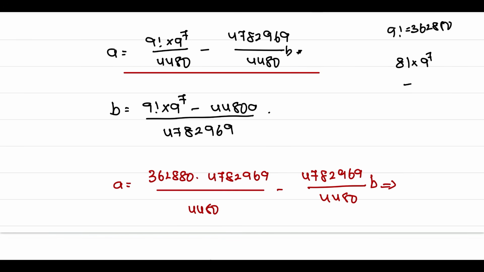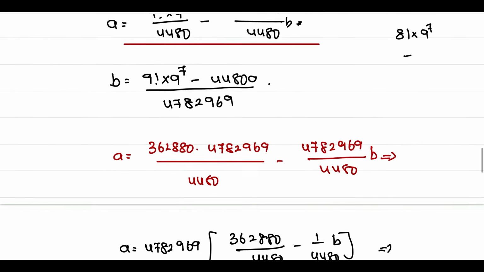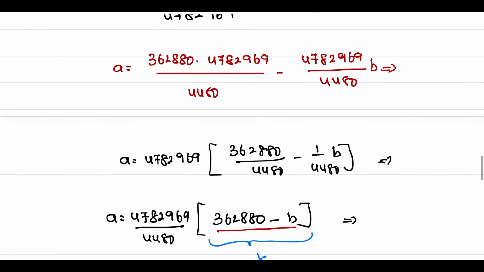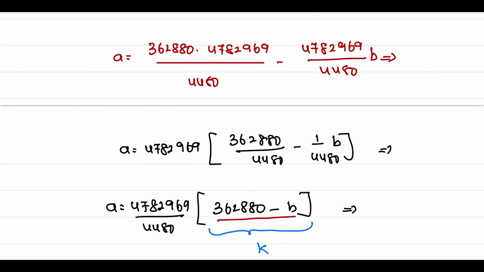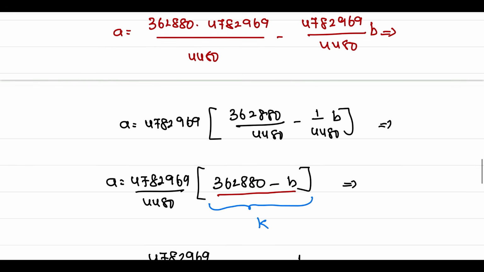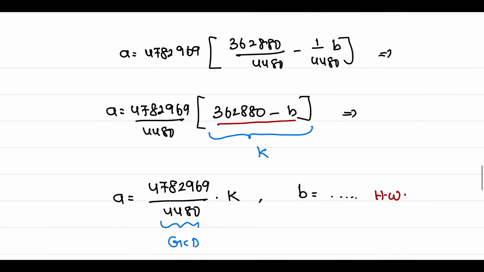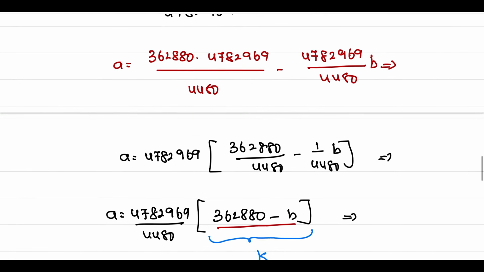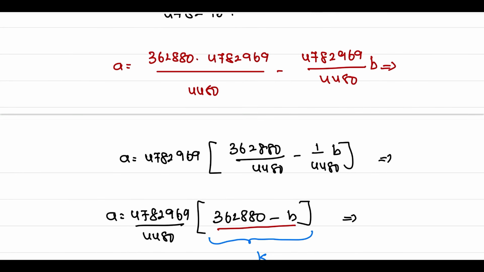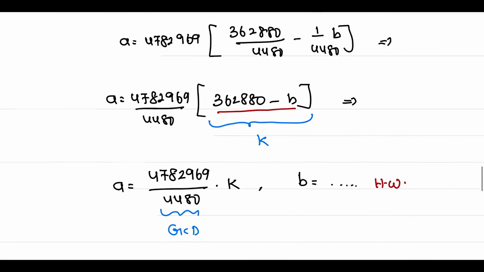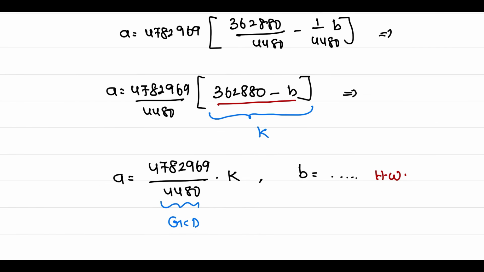These two values I have put, and I found a is equal to 36280 into 4782969 divided by 4480 minus 4782969 by 4480 into b. Now, once you take 4782969 as common and divide by 4480, the equation becomes 4782969 by 4480 into 36280 minus b. Let us call that particular value as k for simplification. A is equal to 4782969 by 4480 into k.